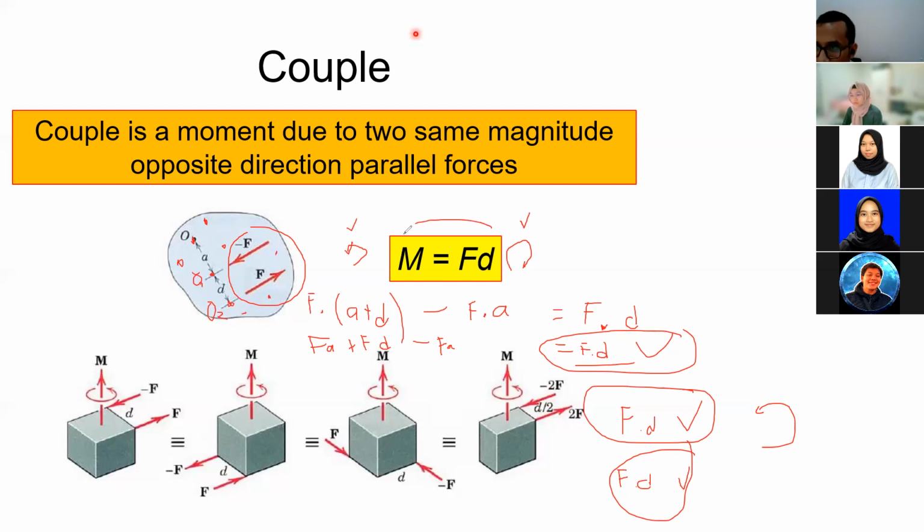And the moment will be F multiplied by D, where D is the perpendicular distance between both forces. You get it? Yes, I get it.